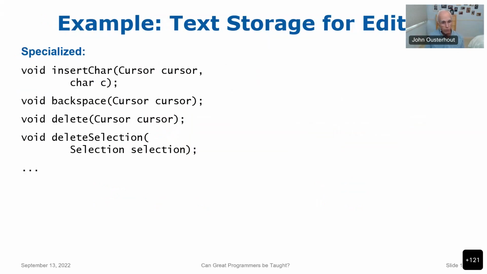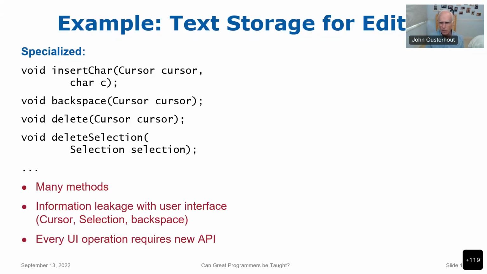And this was back when I was suggesting the specialized approach. So most students took a very specialized approach where they would design the API of the text class to correspond to the various user interface actions, like inserting a character or typing the backspace key or typing the delete key or deleting the selection. Again, specialized for the needs of its client, which was the user interface.